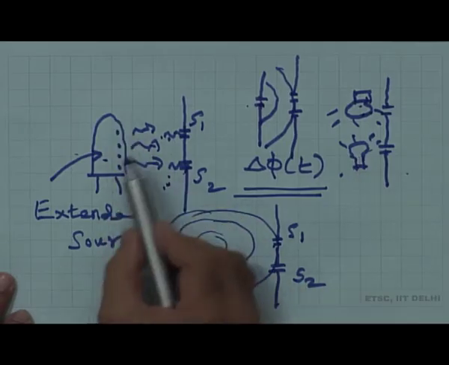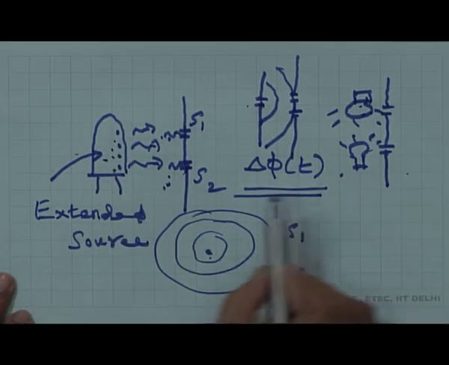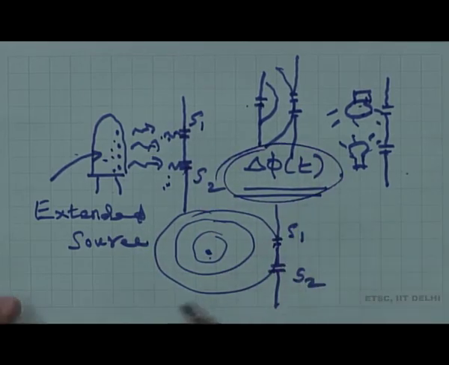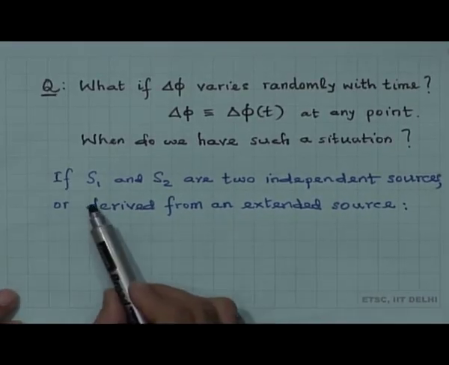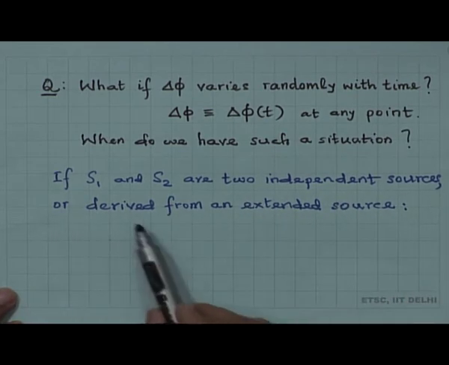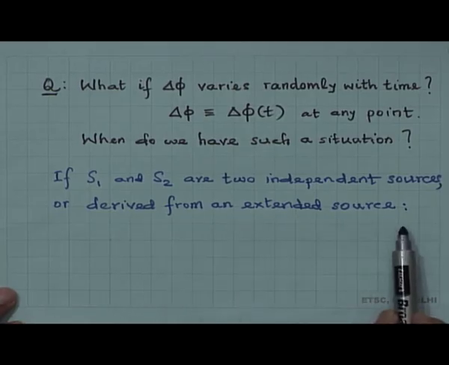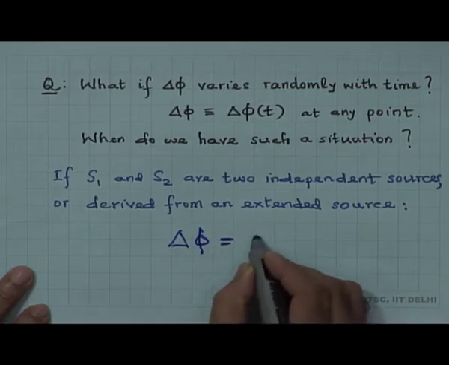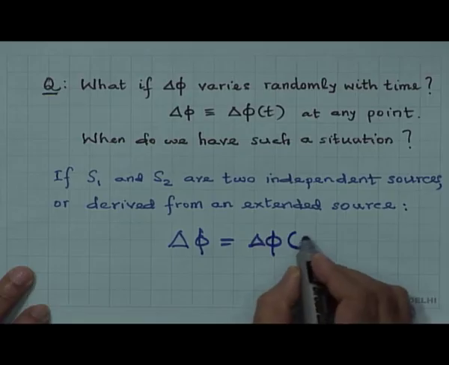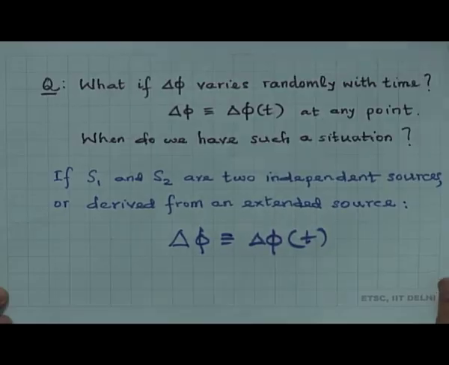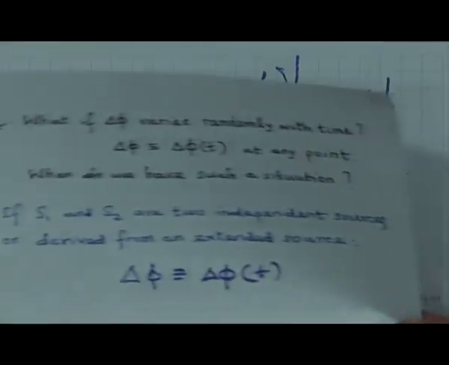If there is an extended source, different parts of the source independently give out light, and therefore there is no phase relationship and the phase varies with time. So, if S1 and S2 are two independent sources or derived from an extended source, then delta phi is a function of time, because there is no phase relationship between the two sources.